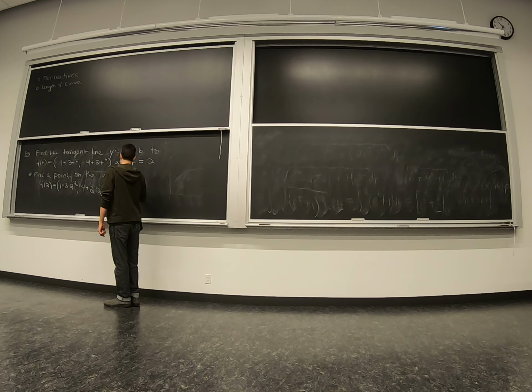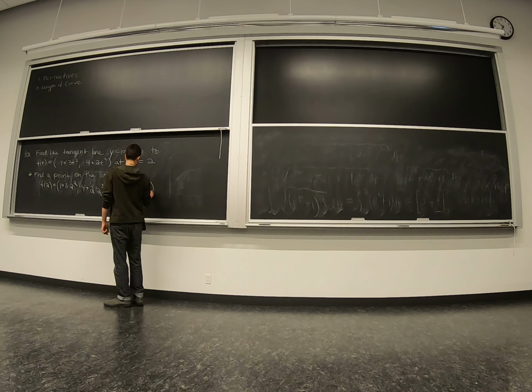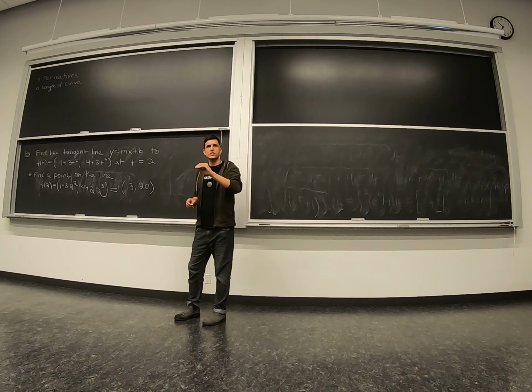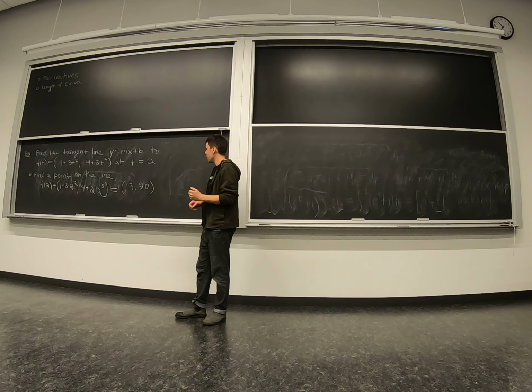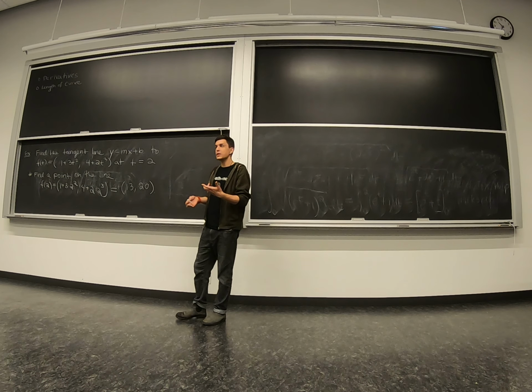That'll be 13. 2 times 8 will give us 16, plus 4 will give us 20. Okay, so that represents the point of tangency. And now we need to find the slope at that point of tangency.